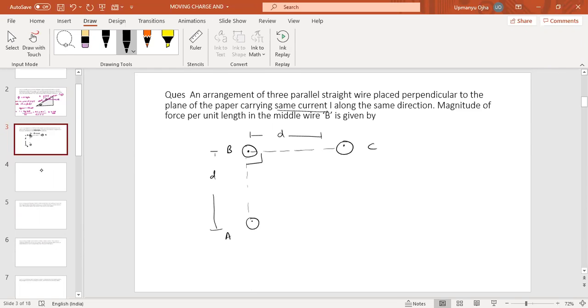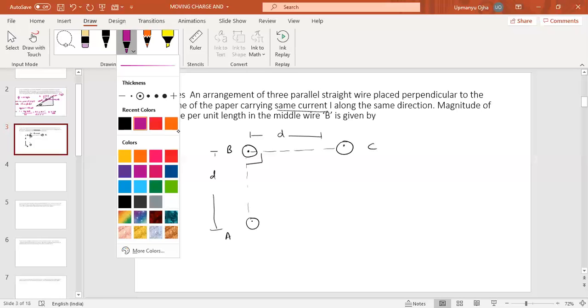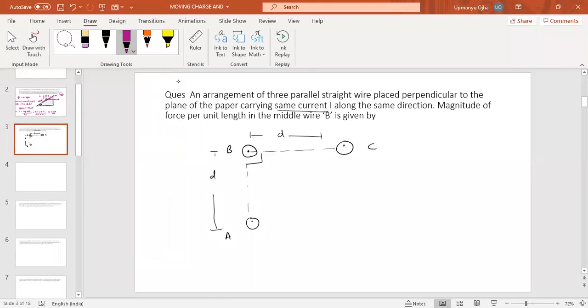Now if you take B wire, what is the magnetic field on the B wire due to C wire? The magnetic field due to C on B would be in this direction, that is BC. How do we find the direction? Via the right hand thumb rule.